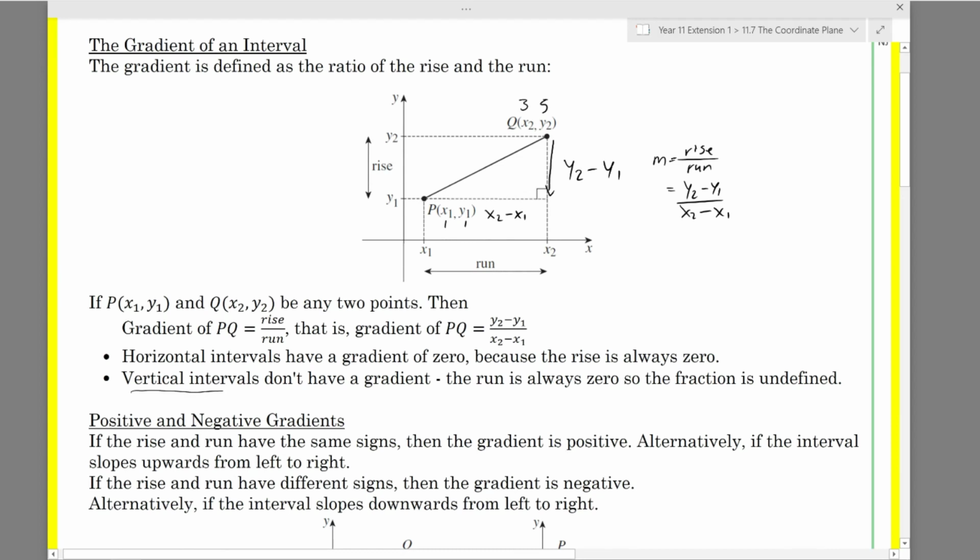However, a vertical interval does not have a gradient because our run becomes 0, so x2 minus x1 becomes 0, and we can't work out the gradient using a fraction with a 0 on the bottom. So we say that the vertical interval does not have a gradient, because we can't have that fraction.